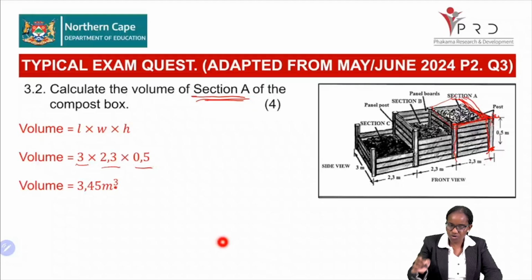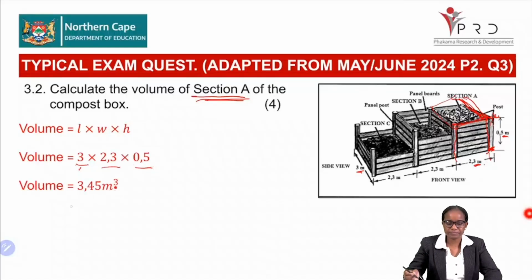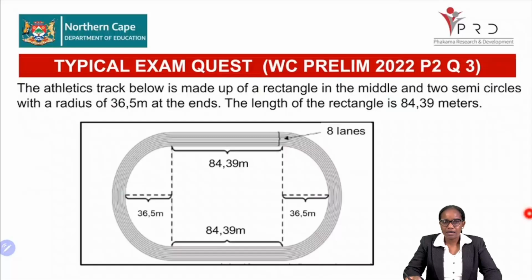And take note, all my units were in meters. My 3 is in meters. My 2,3 is also in meters. My height, 0,5, is in meters. And then I obtain my answer in cubic meters. There we go.